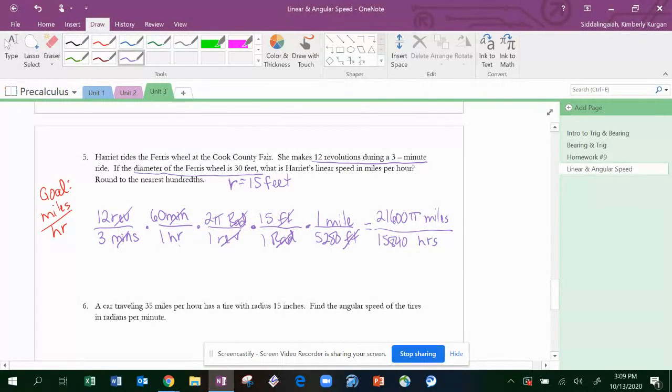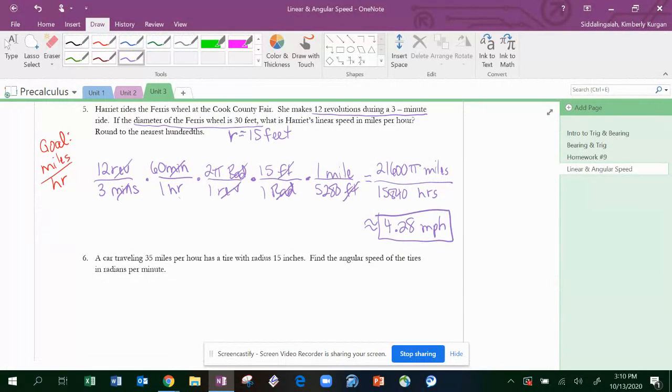Okay, now that's pretty weird, right? So let's get this as a decimal. We have 21,600 times pi, and we're going to divide that by 15,840. This is approximately 4.28 miles per hour, which probably makes a whole lot more sense to folks. If you think about it, a Ferris wheel doesn't go that fast, so a little over 4 miles per hour should make sense.